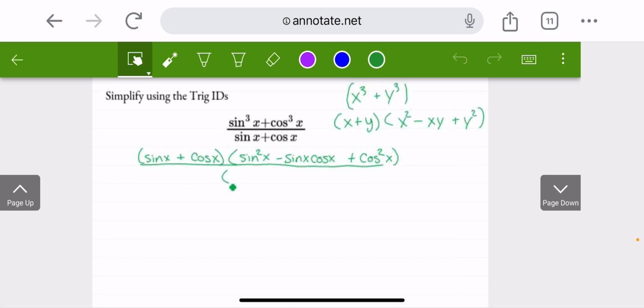And I'm going to keep my denominator the same. So it's taking these trig functions and still using our algebraic solving with them.